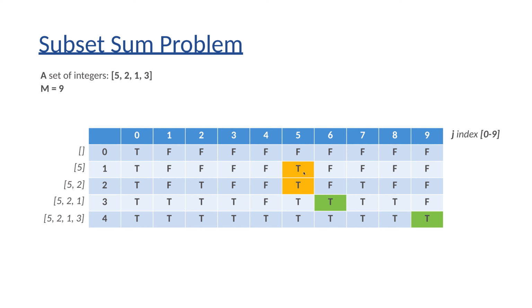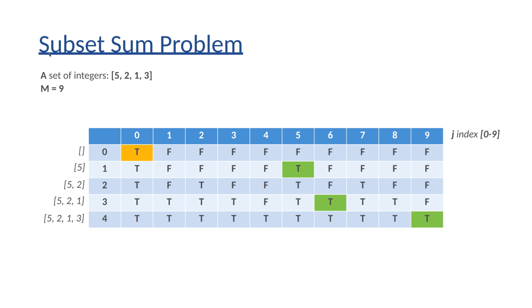Of course, true is equal to true, which means that 2 is not in the result list, so we have to keep going upwards. And true is not equal to false, which means that 5 is in the result list. Okay, and of course we have to decrement the value by 5. 5 minus 5 is equal to 0, so if we hit the column index 0 or row index 0, then it means that the algorithm is over.